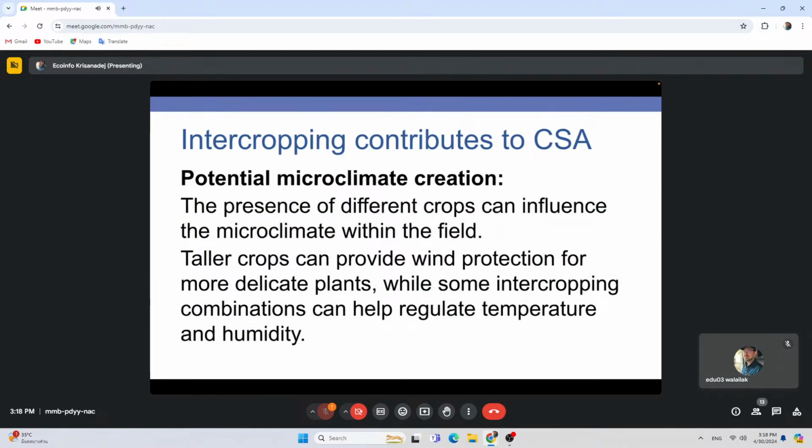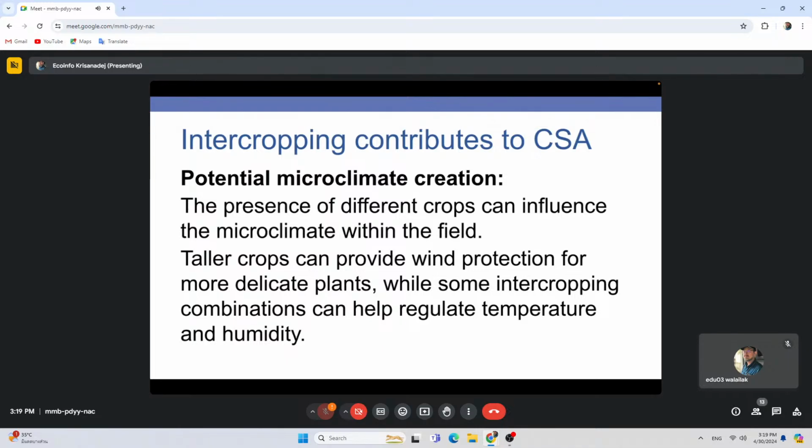Potential microclimate creation with different crops. Sometimes farmers with a big piece of land plant really tall trees as a fence to block the wind. Because if it is very windy, all your topsoil and nutrients just blow away with the wind. So the taller plants slow down and block the wind.